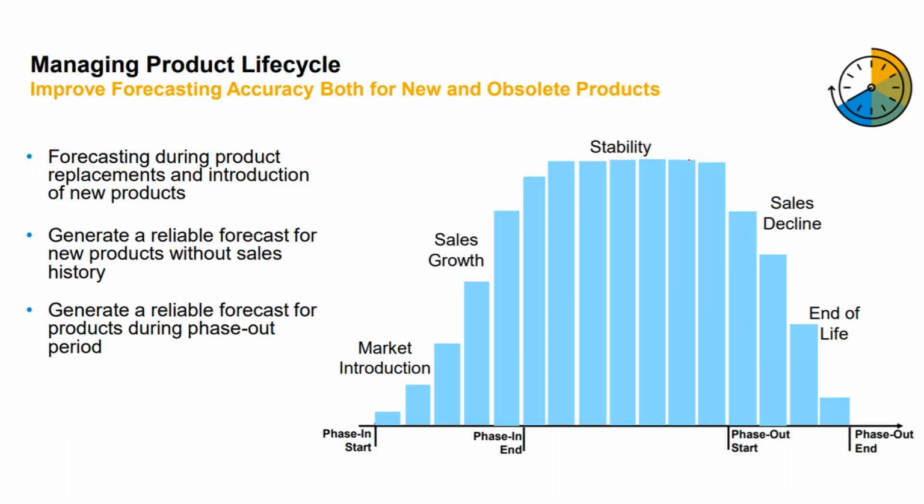So whenever a new product is getting launched, this is what we see. There will be a phase in, then it will have a phase out, like a normal distribution curve. So this is the growth part.